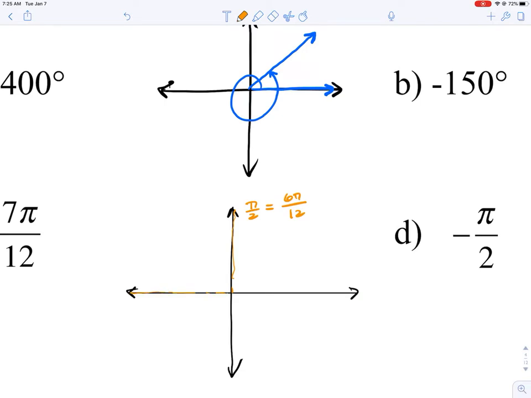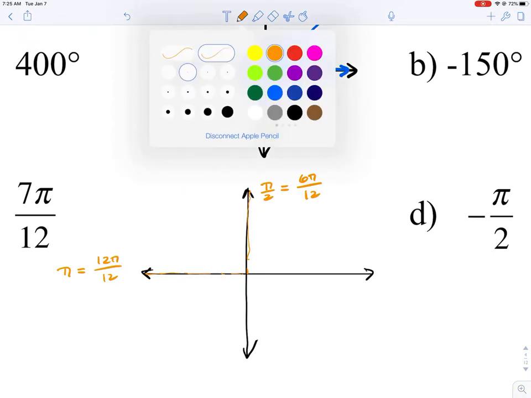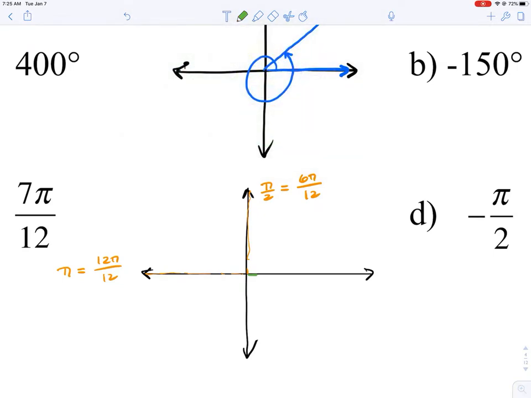And I know that pi could also be written as 12 pi over 12. So 7 pi over 12 is going to lie between 6 pi over 12 and 12 pi over 12. So that means that 7 pi over 12 is going to need to terminate in quadrant 2.